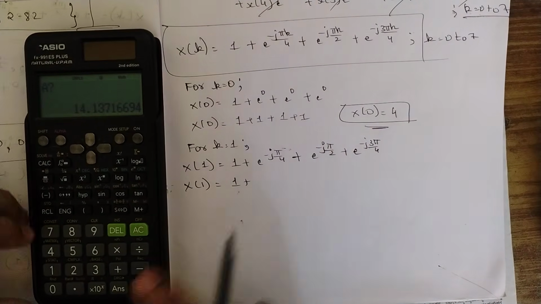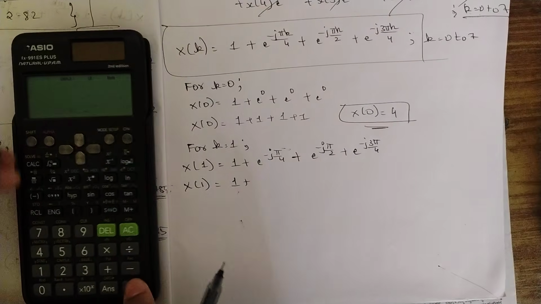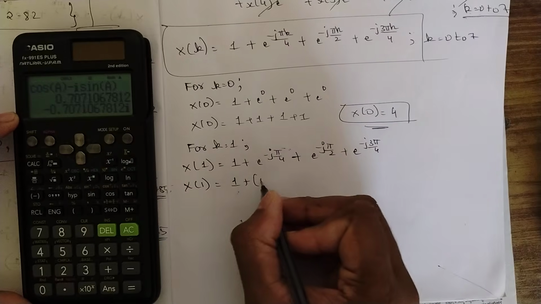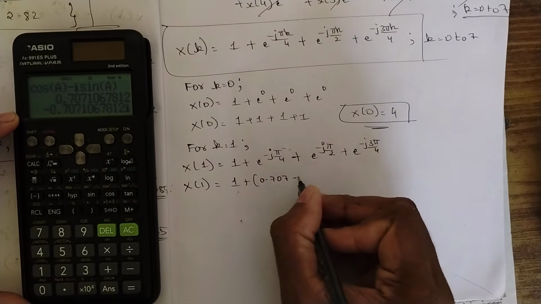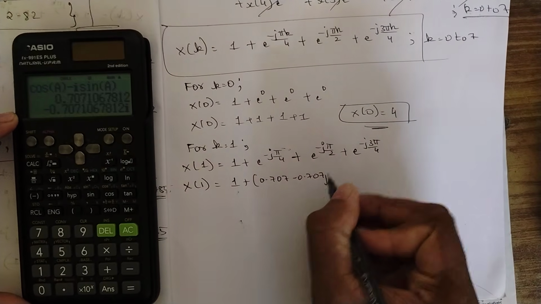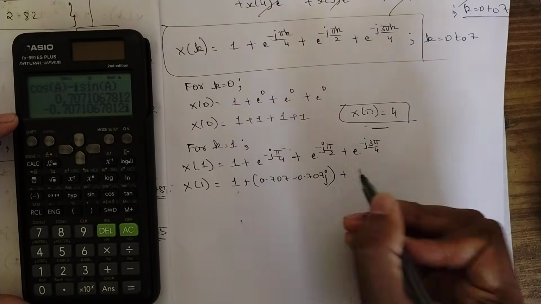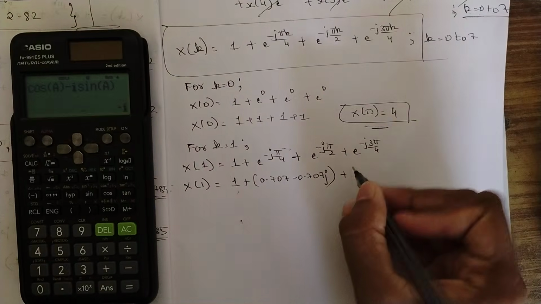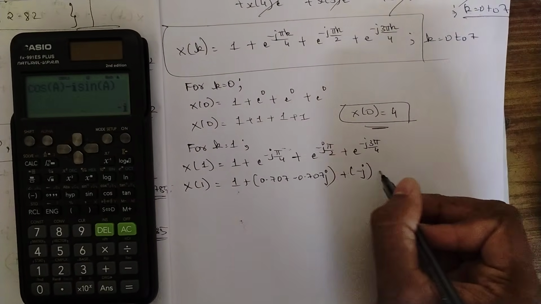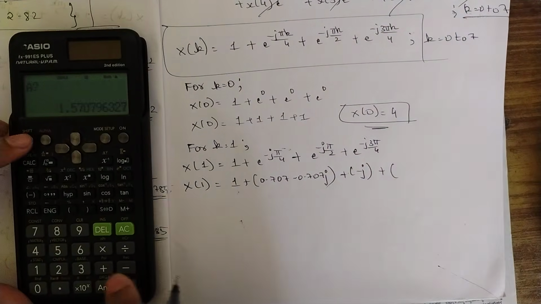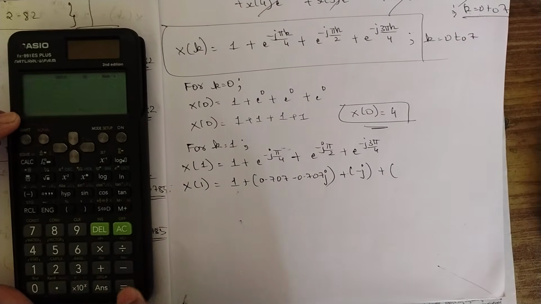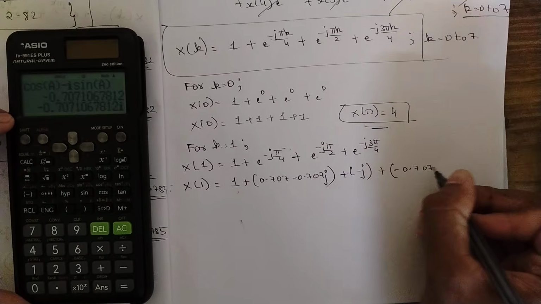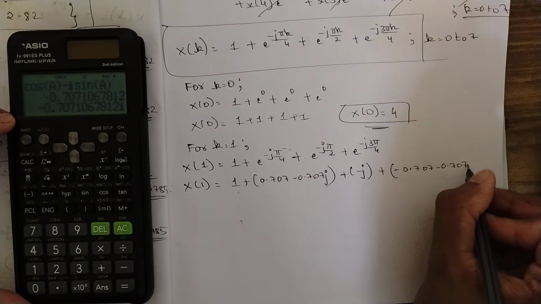Okay, pi by 4, the value is 0.707 minus 0.707 j. Okay, so this is the value, plus e power minus j pi by 2. So now pi by 2, the value is minus j, plus e power minus j 3 pi by 4, the value is minus 0.707 minus 0.707 j.